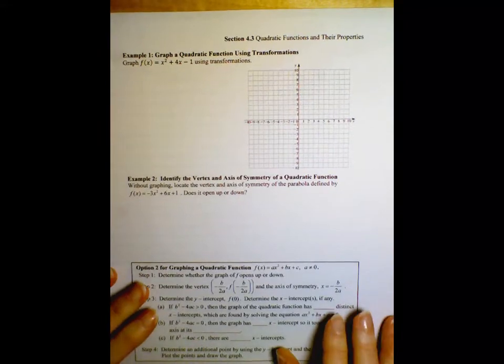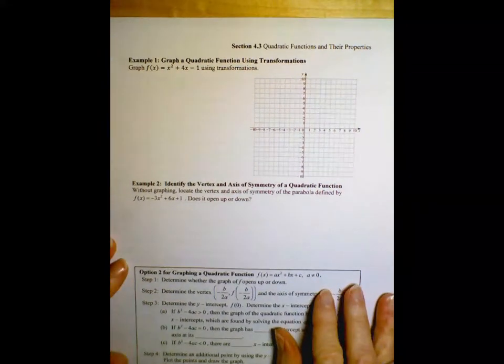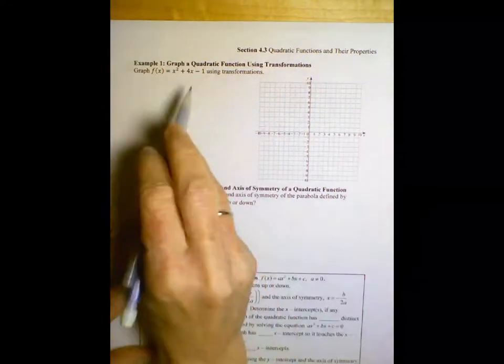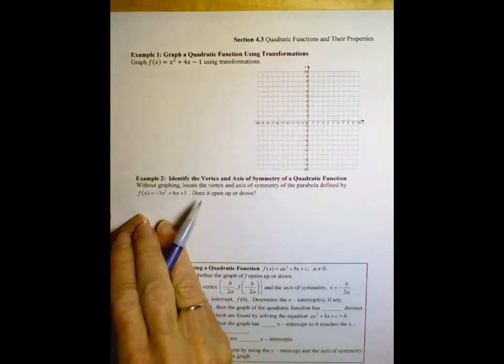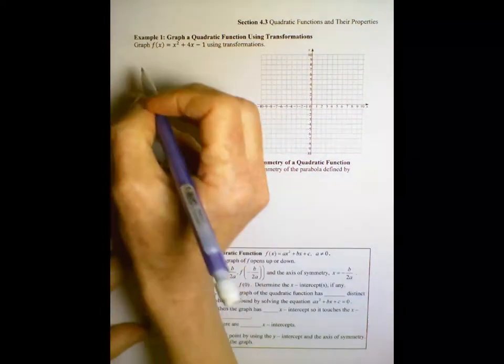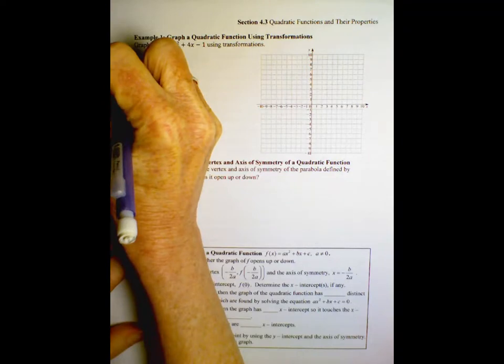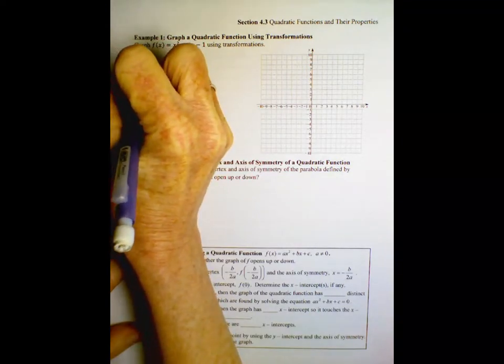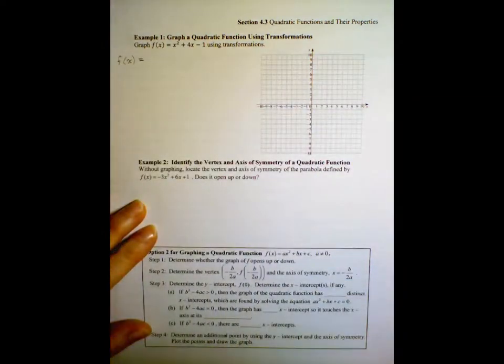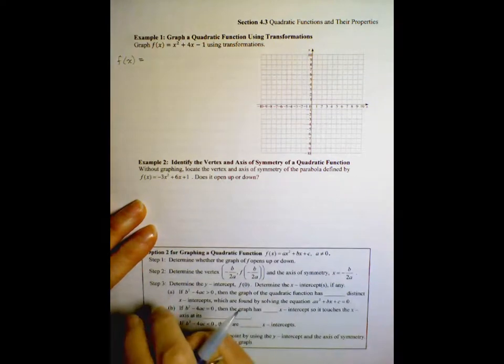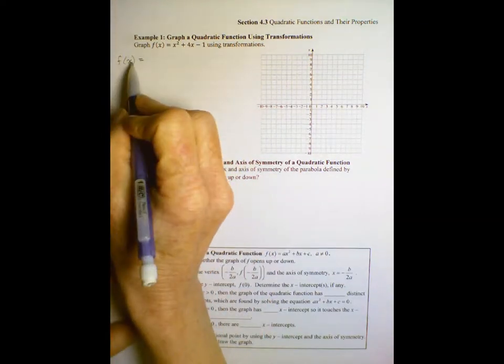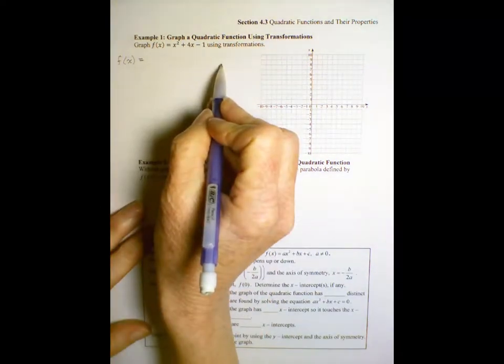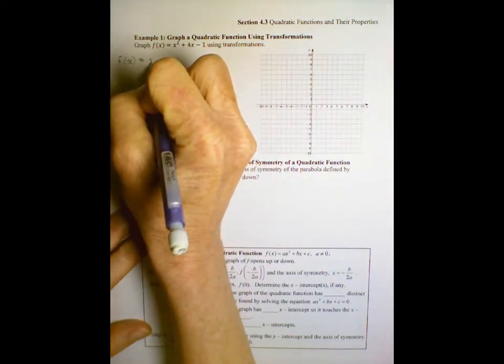Okay, so example 1, let's try this out. We are to use transformation, so we need to get it in that transformation form. So we'll complete the square on x. Now, when we completed the square before, we were working on two sides of the equal sign. Now we're not. This is in function notation, so we are not working on both sides.